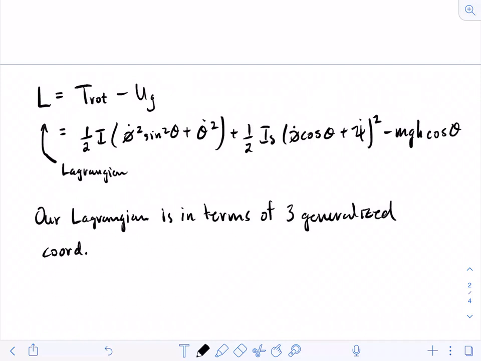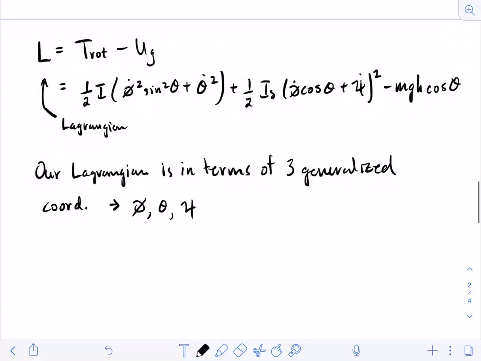Coordinates, and they are phi, theta, and psi. Okay, so remember we had conjugate momenta defined as well.